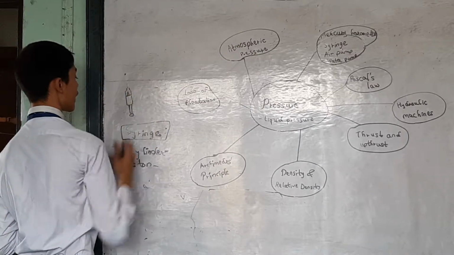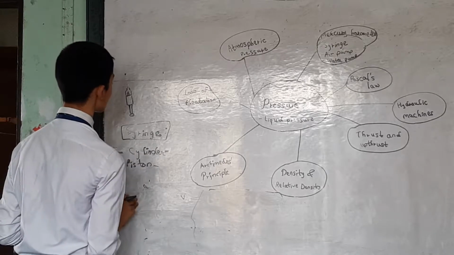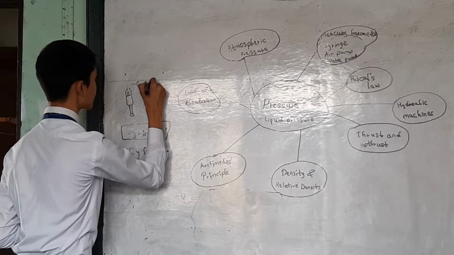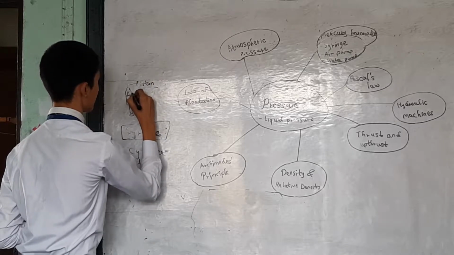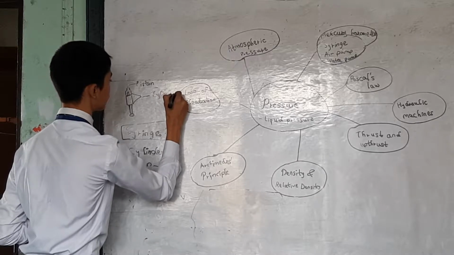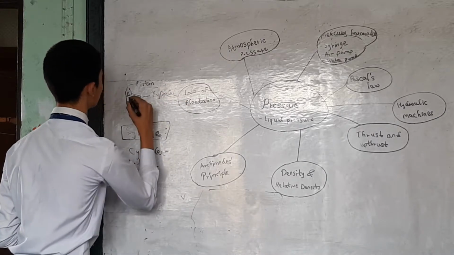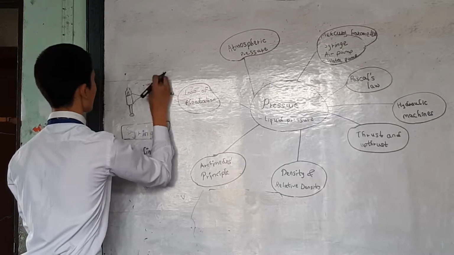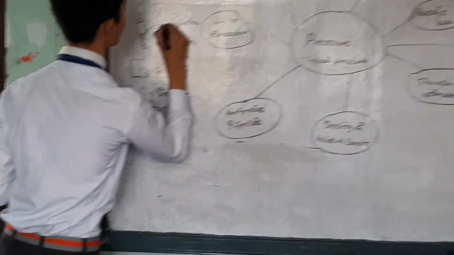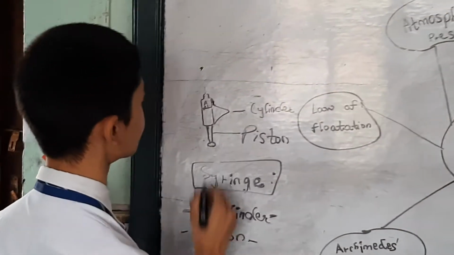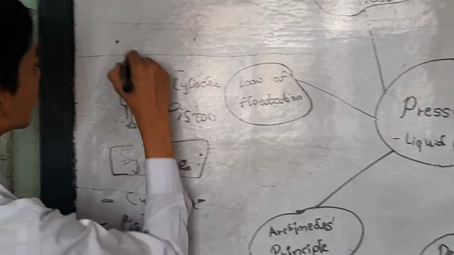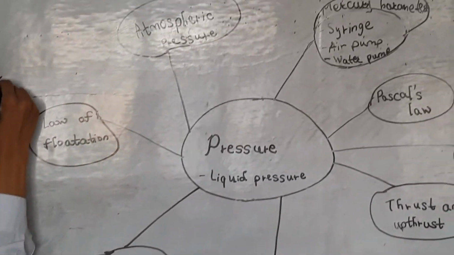Here I have made a figure of a syringe, and this part is the piston, and this remaining part is the cylinder. This part is the piston, and this is the cylinder. This one is the needle.